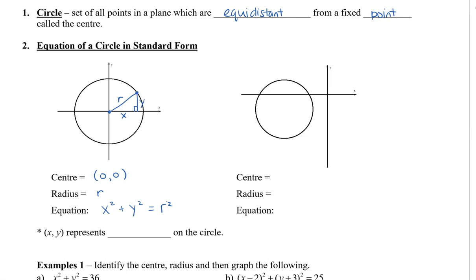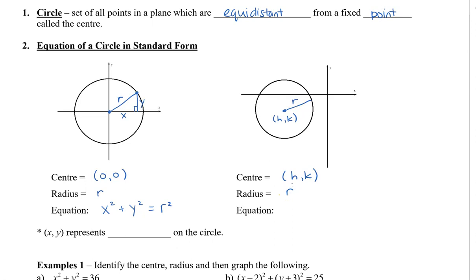So let's say that we move the circle to a different location. So let's say we move it over here. The center, we're going to call this point (h, k). However, the radius, let's still call that r.